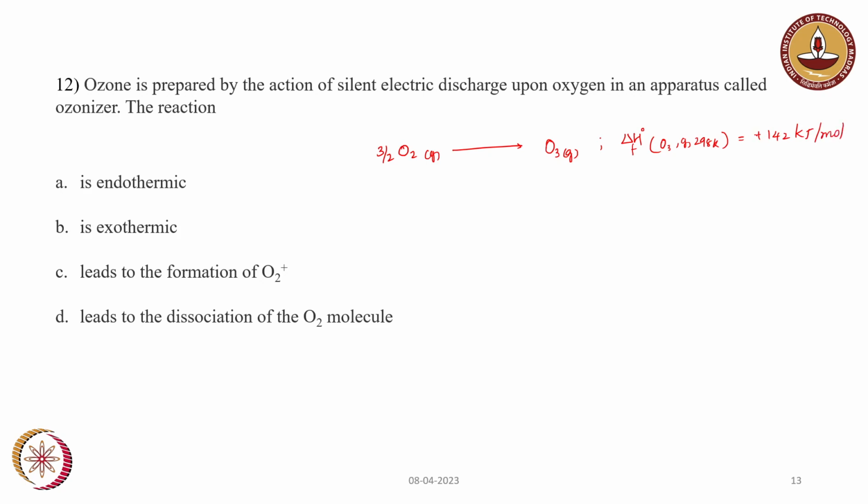The positive sign says it's endothermic. So the synthesis of ozone using oxygen is an endothermic reaction.